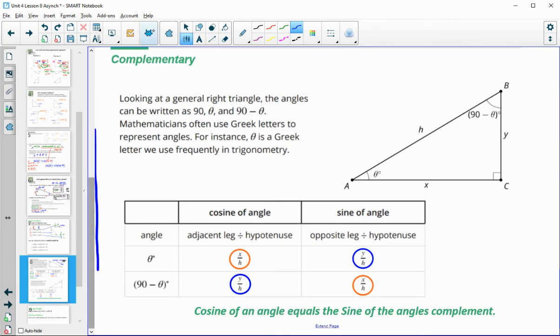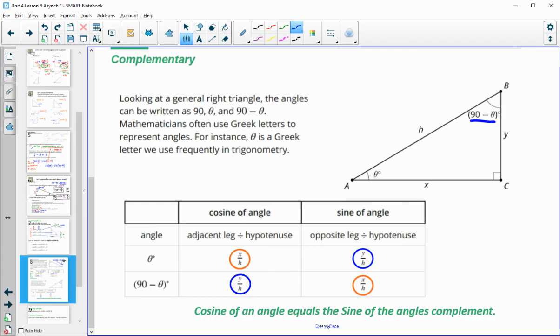And then we talked about that in general terms, using theta instead of an actual angle measure. So the sine of theta is y over h, and the cosine of the other angle is going to be y over h. So cosine of theta would equal sine of 90 minus theta. Cosine of 90 minus theta would equal sine of theta.